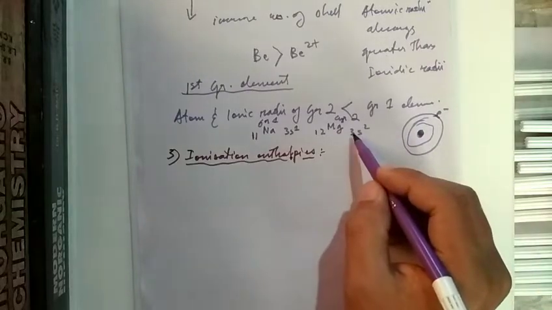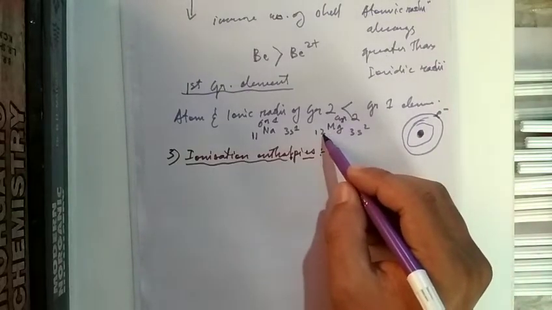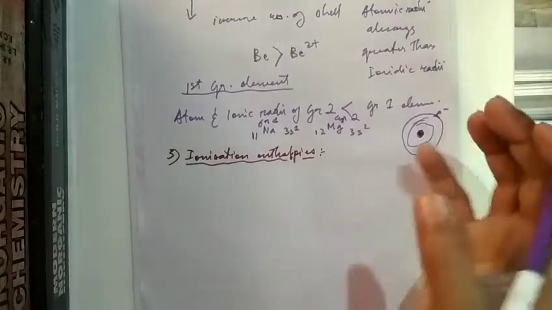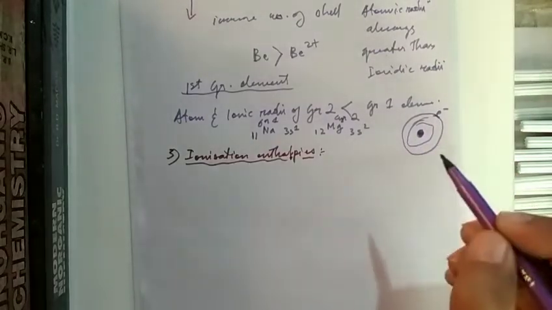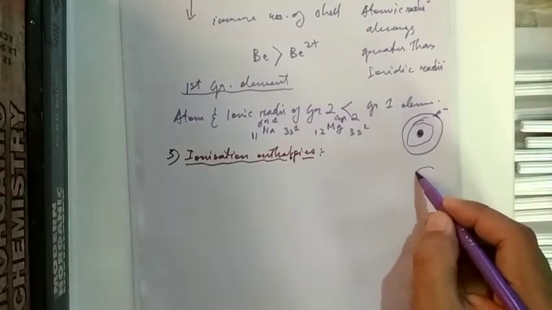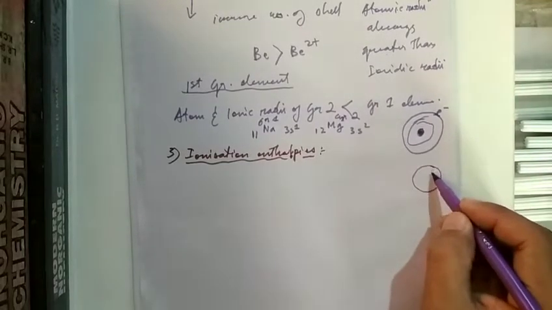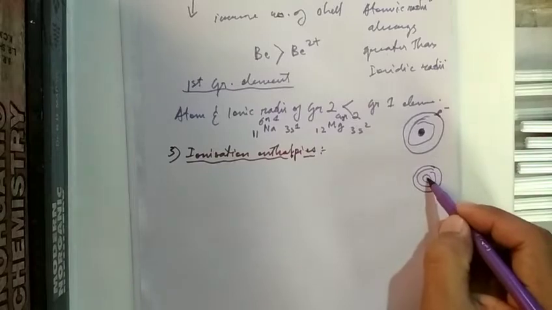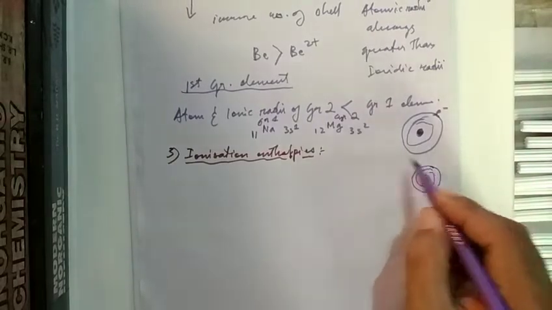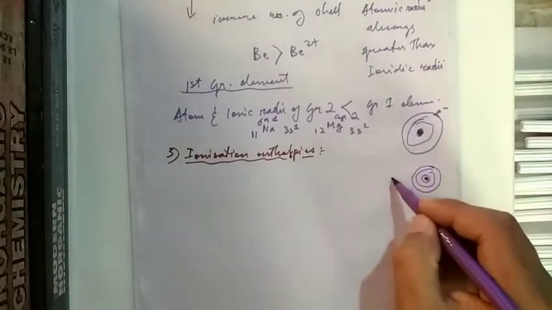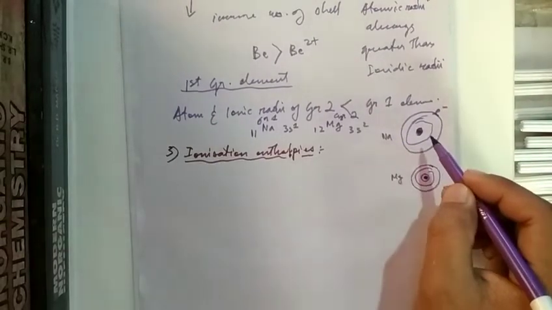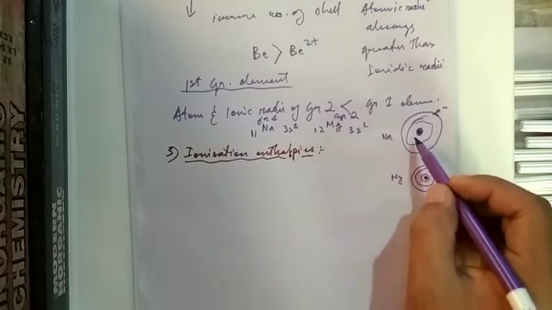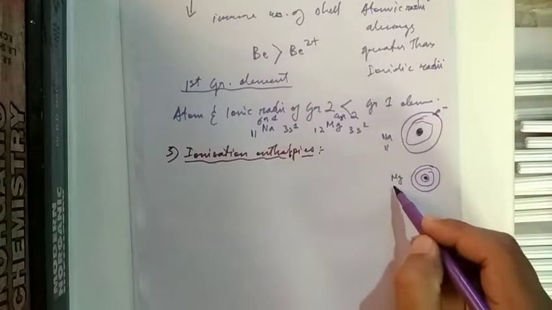But since Mg has 12 protons, it will pull the electrons towards itself, so the shell will come closer to the nucleus, and Mg will have a smaller size than Na, since Na has only 11 protons and Mg 12.